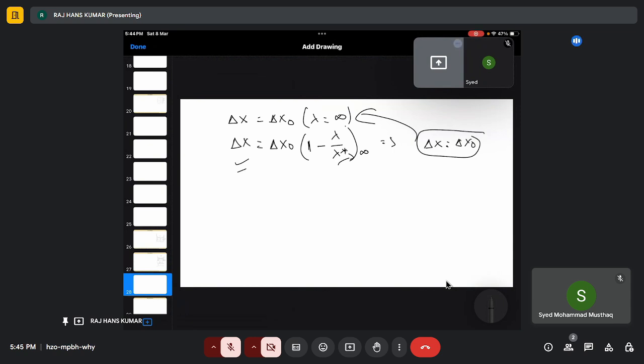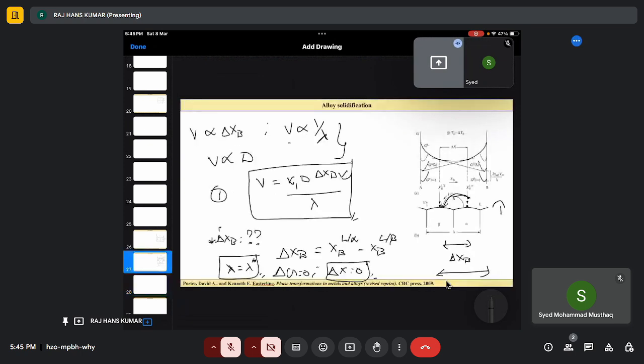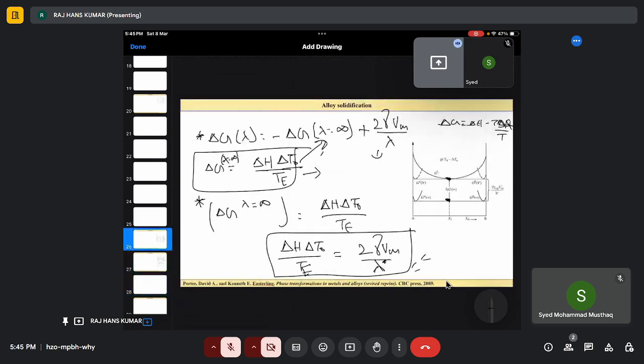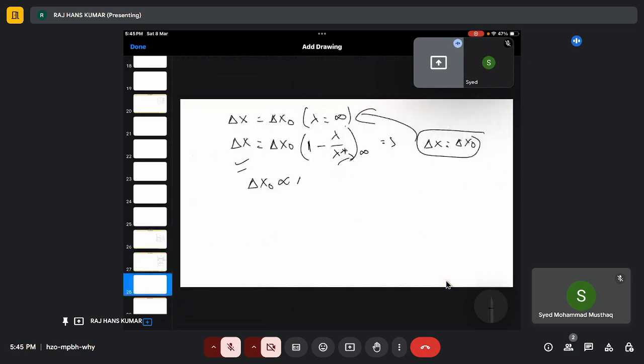And what do we know? Delta x naught is proportional to, as I have said before, the delta T naught, the undercooling. Right? Now upon equating all these terms, let's say delta x naught equals to K3 delta T naught.